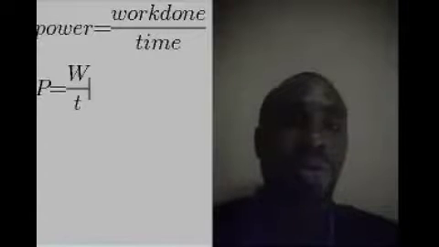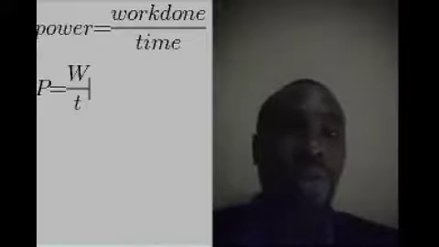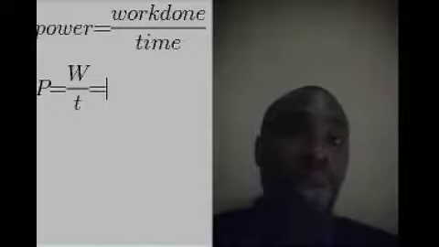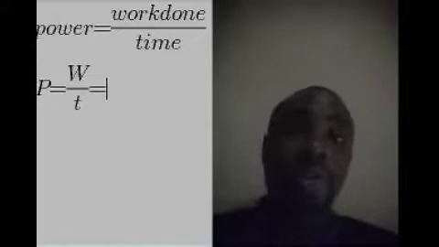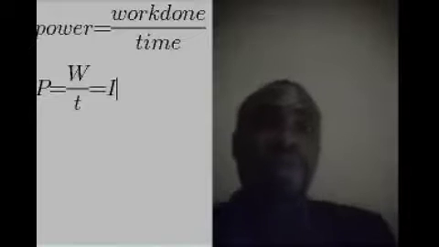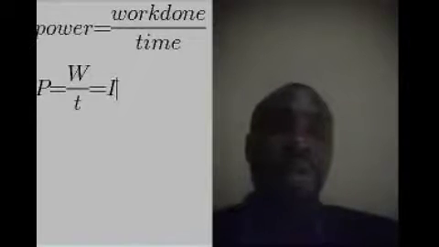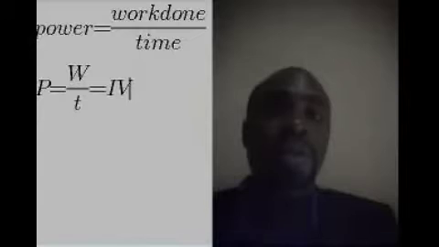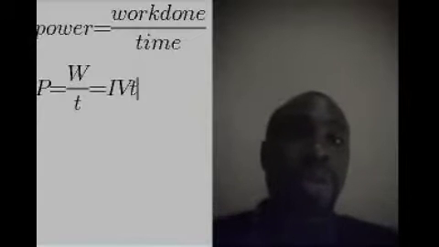Electrical energy means the same thing as work. So, taking that into consideration, we could then say, since work is equal to electrical energy, and what's the formula for electrical energy? It's IVT, right? Which was the first thing we did.